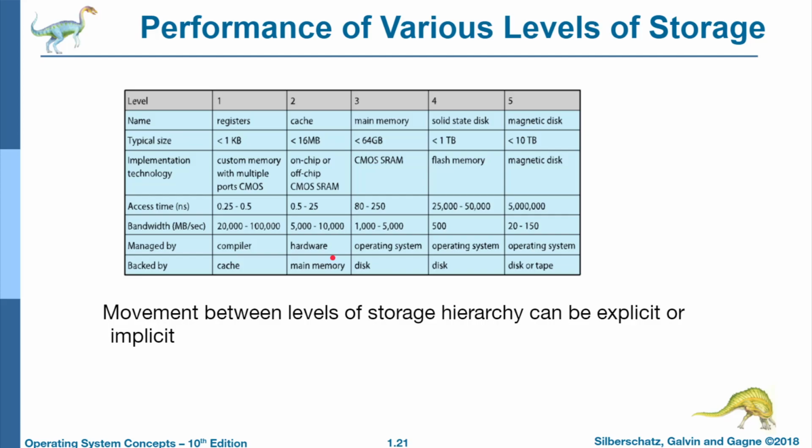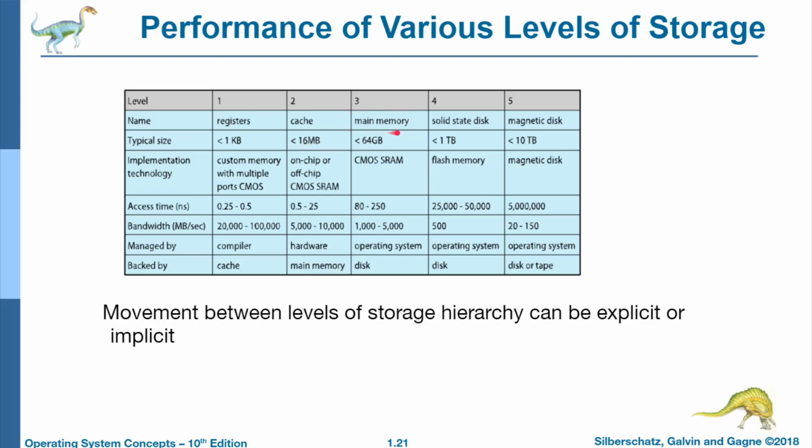This is something that's controlled by the hardware using cache managers and such. And so this is an implicit data storage area where when a CPU requests a piece of data, that data is moved from main memory into cache so that it can be quickly accessed on second and subsequent accesses.